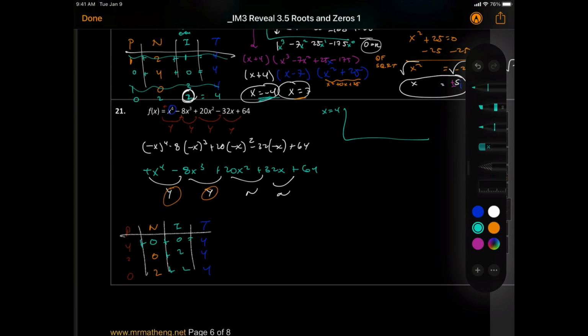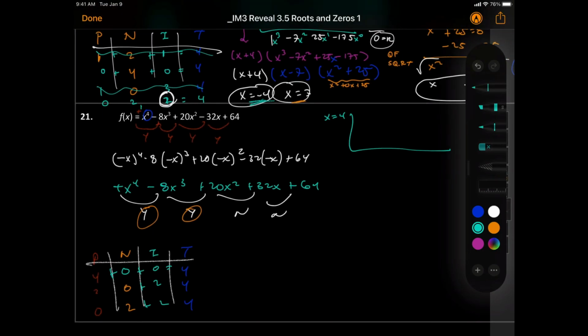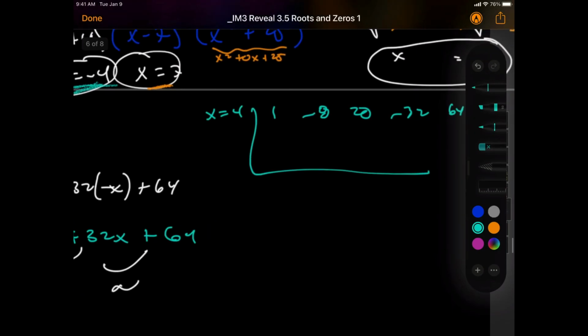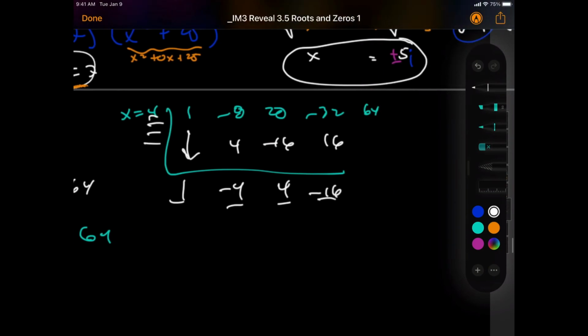Use synthetic substitution or synthetic division. So 1, negative 8, 20, negative 32, 64. Bring it down, multiply these numbers, add down, multiply, add down, multiply, multiply, you get negative 64, which gives you a remainder of 0.